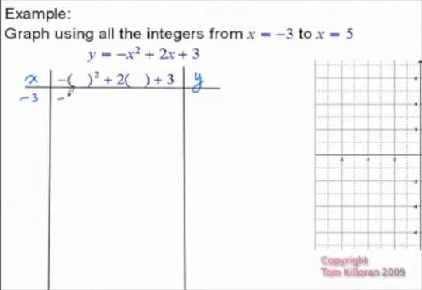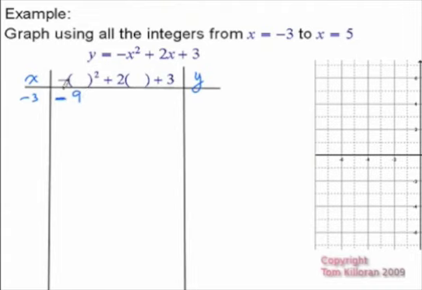So this first one is going to become negative. Now, order of operations says squares have to come first, so this would be -3 squared. Now this negative here is going to just sit out front, but -3 squared, well, that's 9. So the first one's going to be -9.